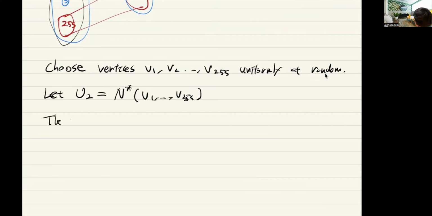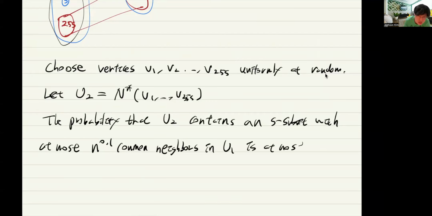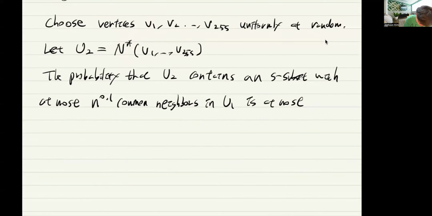Then the probability that U2 contains a bad s subset, meaning one having at most n to the 0.1 common neighbors in U1, is at most, we can compute this.